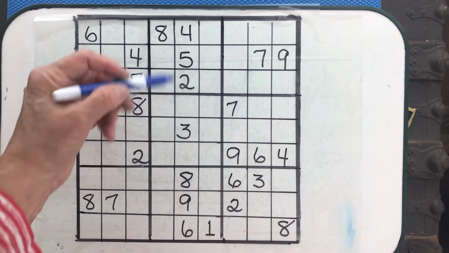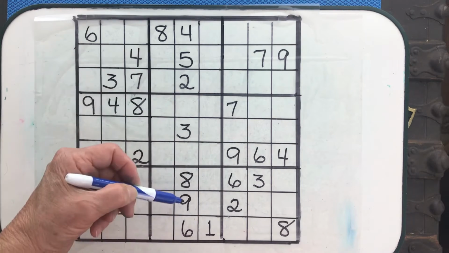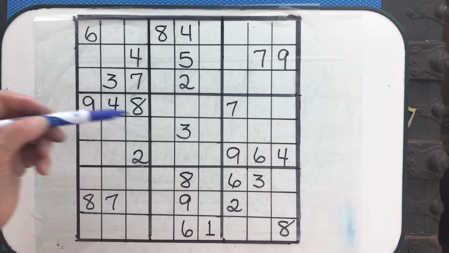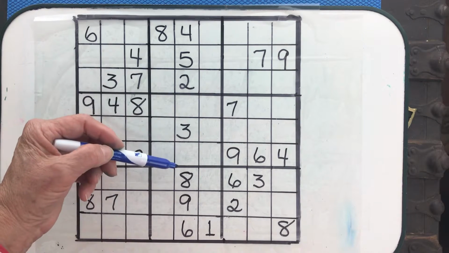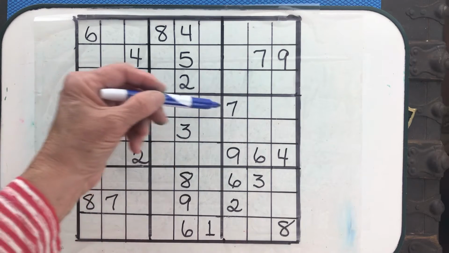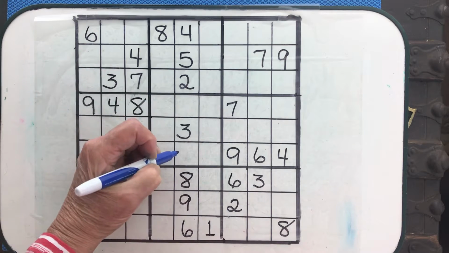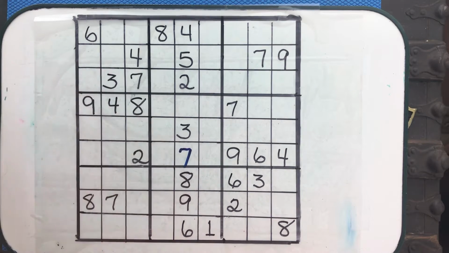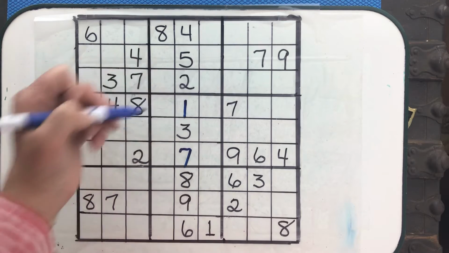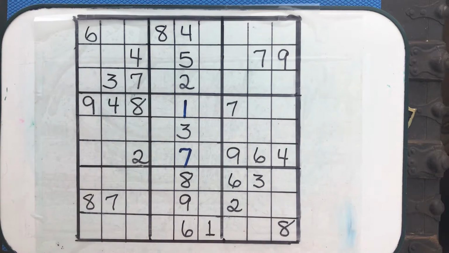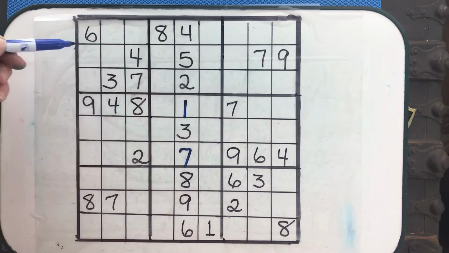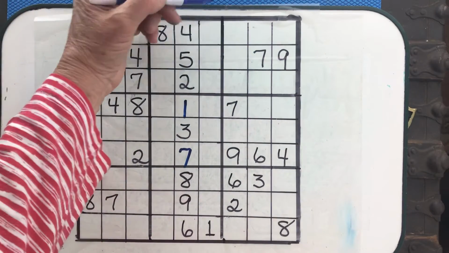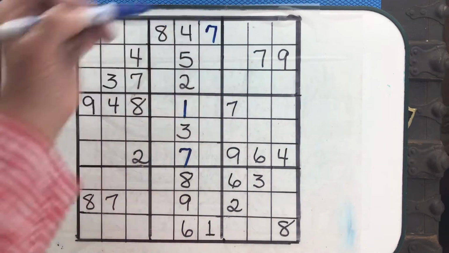I'm going to look at this column here, and I see that I'm missing a 1 and I'm missing a 7. Since there's a 7 here, I know I have a 7 there, and through process of elimination, the 1's going to go here. Now, let's look at the 7s here. 7 on this row, 7 on that row, so therefore I know this has to be a 7.